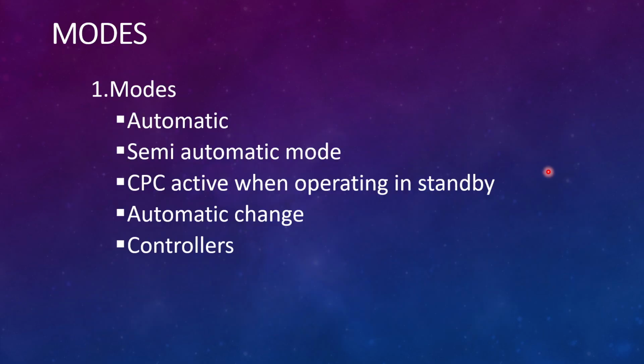Okay, so again, automatic change, just like what we discussed: automatic change if one computer fails. So if the CPC1 you're currently using fails, then it will transfer to CPC2 automatically.